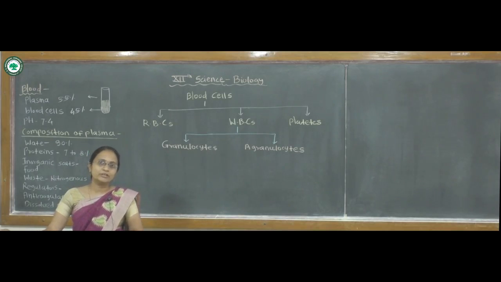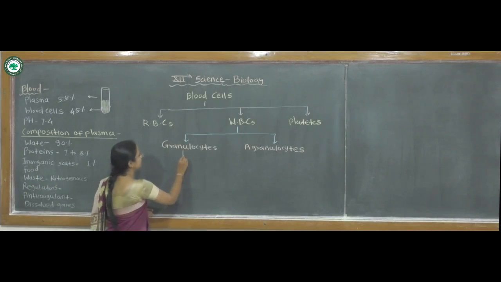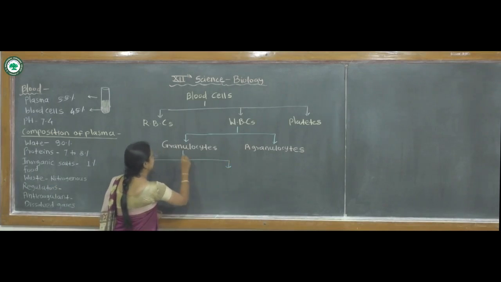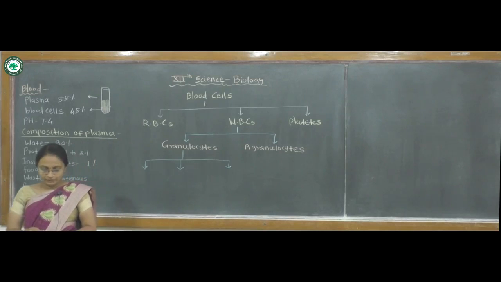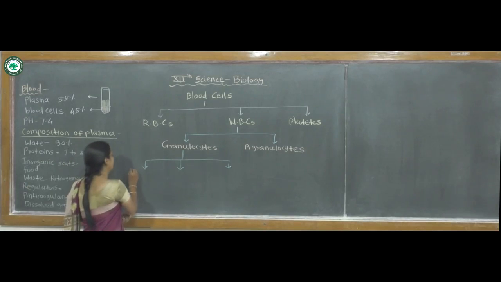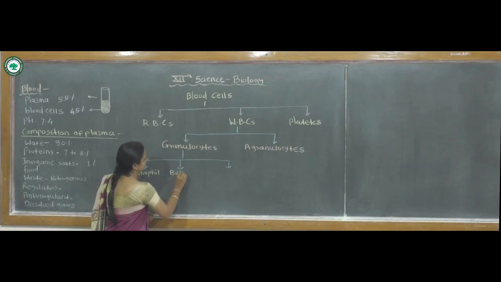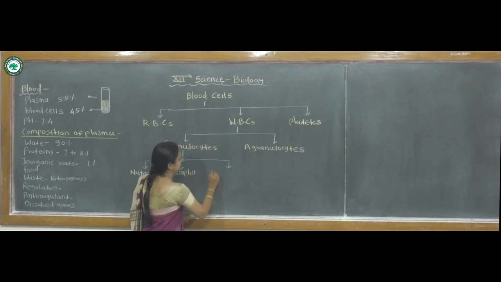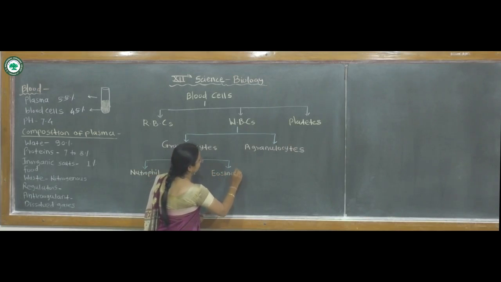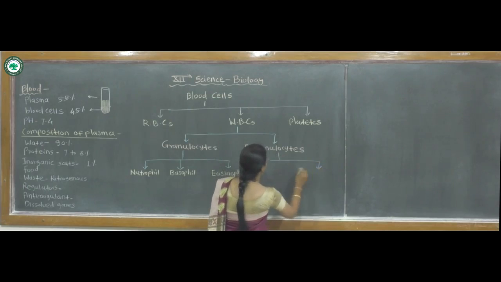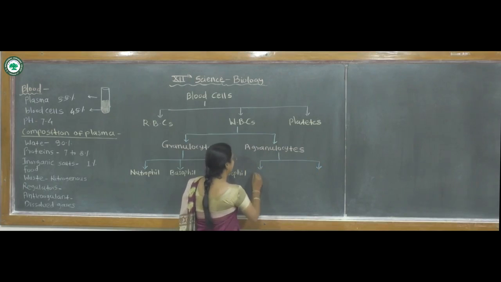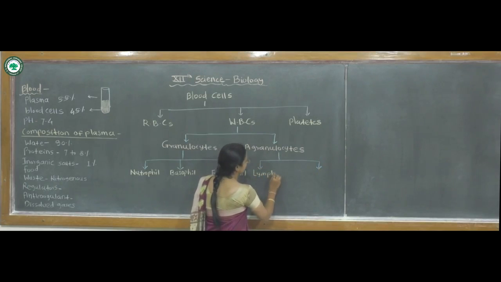They are neutrophil, basophil and eosinophil. And the agranulocytes are divided into two types, lymphocyte and monocyte.